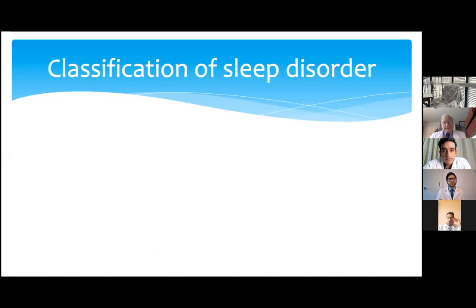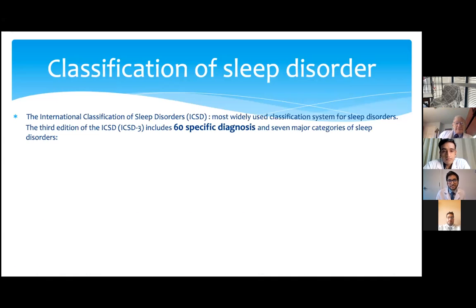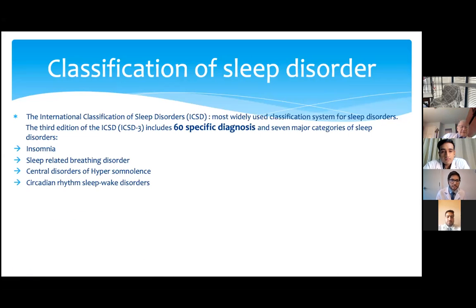Classification of sleep disorders is important because there are so many, specifically 60 diagnoses of just sleep disorders. The first time I saw it, I thought it can't be right. But there are just so many sleep disorders. And they've been split into 7 major categories: insomnia, the one we all know of, sleep-related breathing disorders, central disorders of hypersomnolence, circadian rhythm sleep-wake disorders, parasomnias, sleep-related movement disorders, and other sleep disorders.